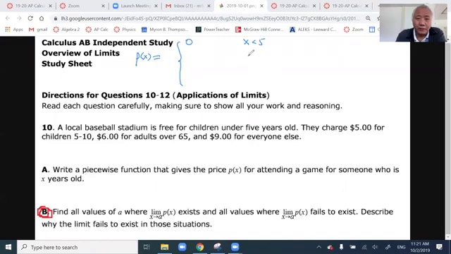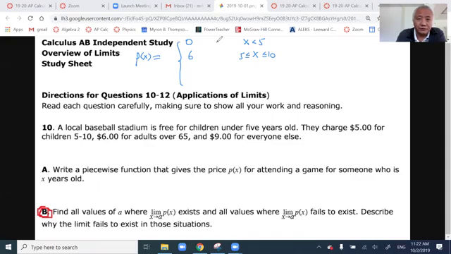And then if x is greater than or equal to 5, or 5 to 10, and less than or equal to 10, this is $5.